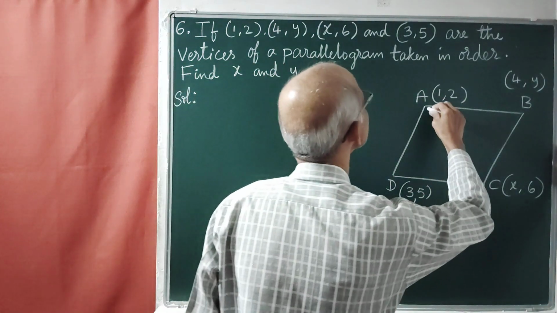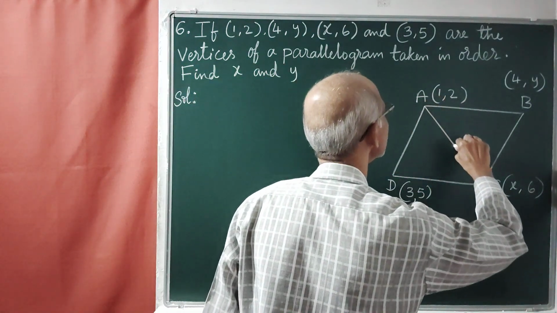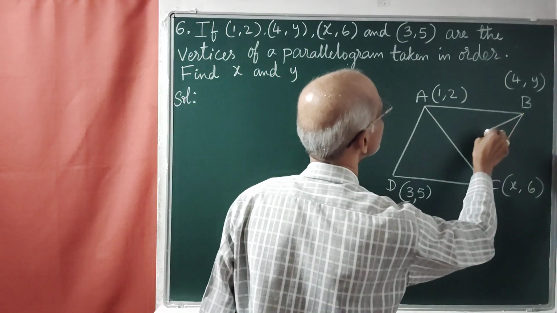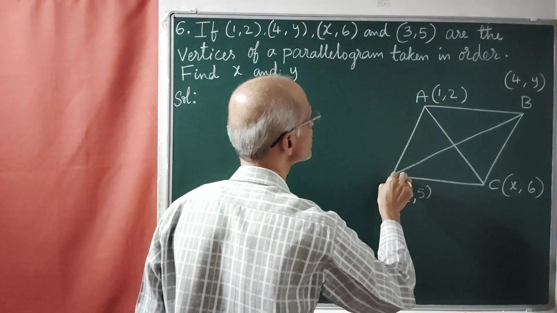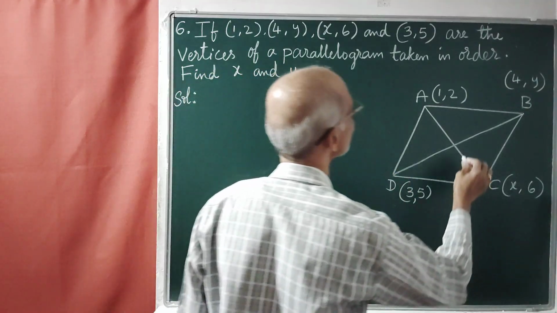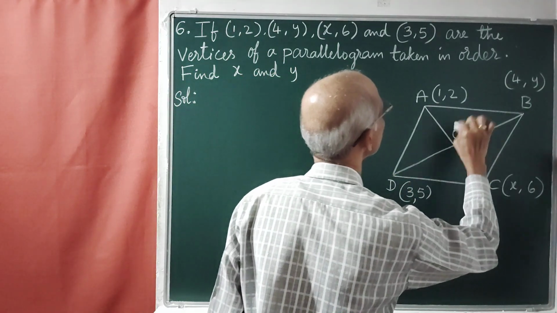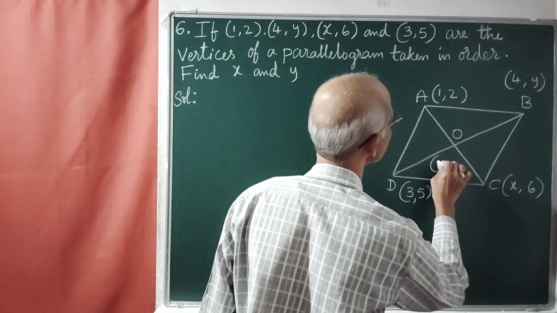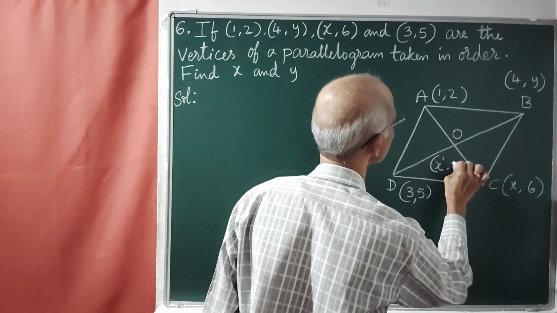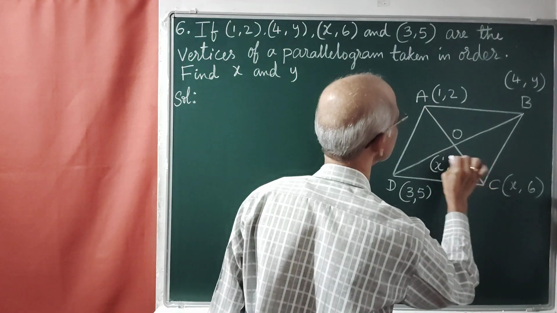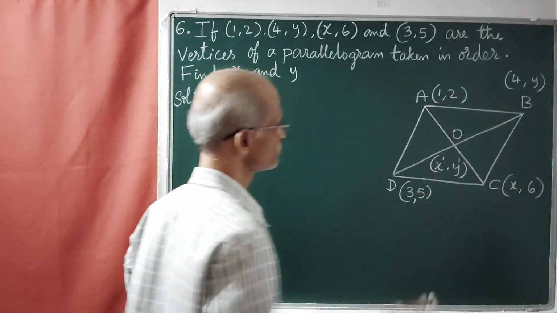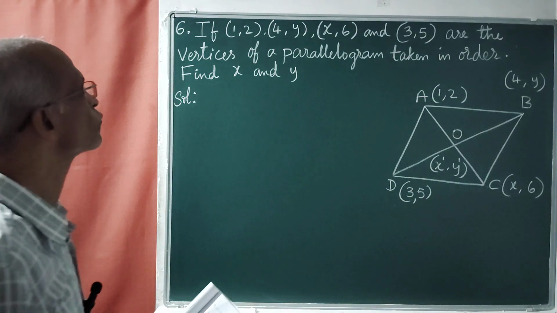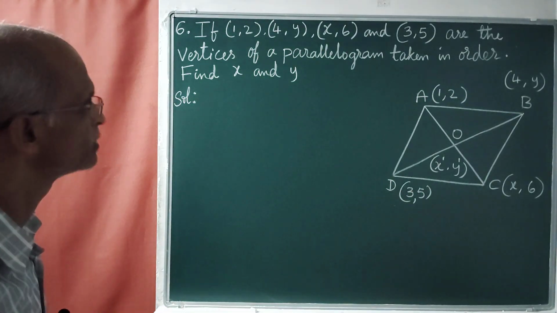Now AC is the diagonal and BD is the second diagonal. Let the diagonals intersect at a point O. Let the coordinates of point O be (x', y'). Now we have to find out the value of x and y.